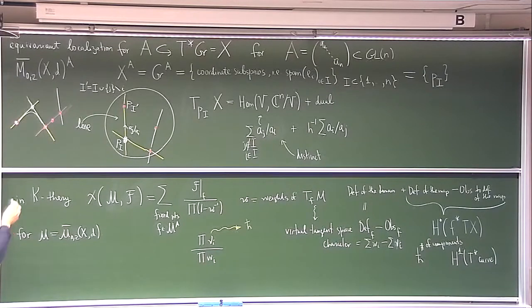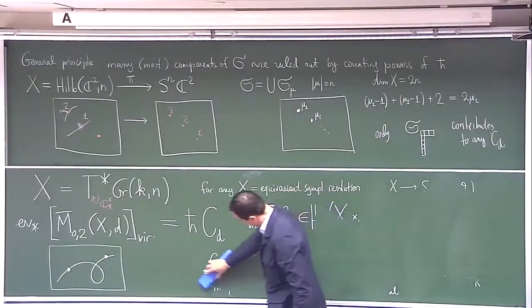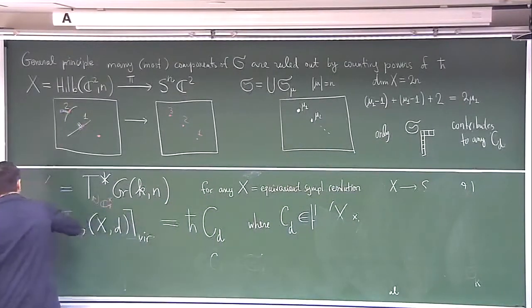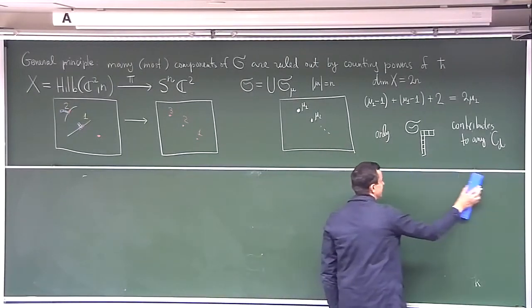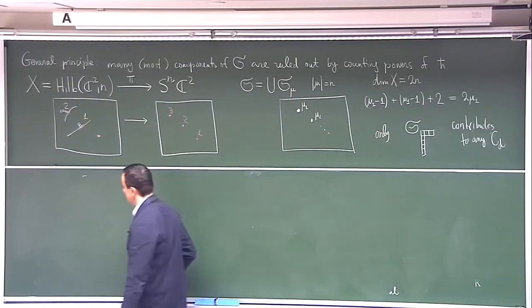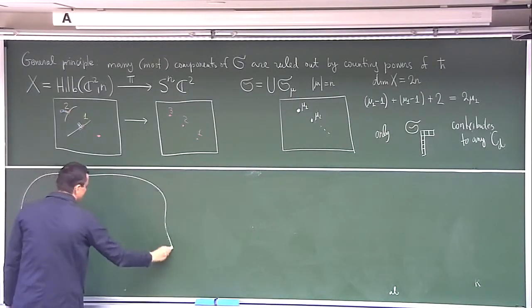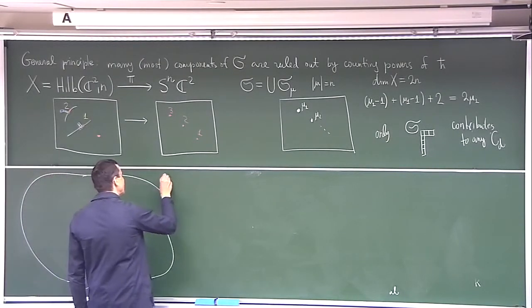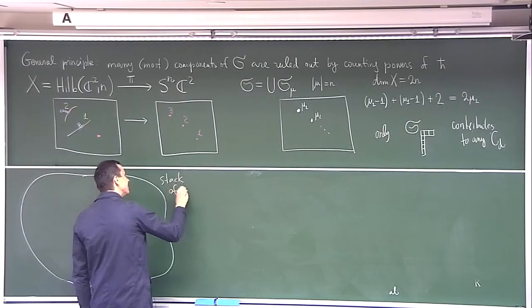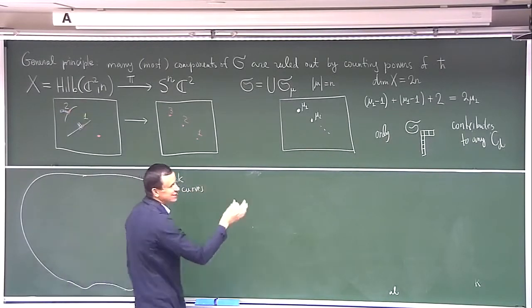And so if I look at the locus, inside some, let's not be super specific, even a stack of curves, this is a very general statement I want to make.